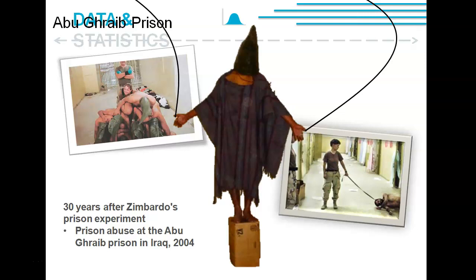And the prisoners started being abused, which is not what you do. They were stripped down naked and forced to form human pyramids. They were put on blocks and they had to stand there for hours, ridiculed.